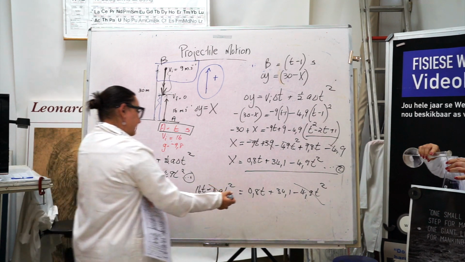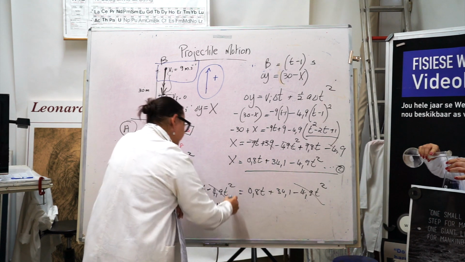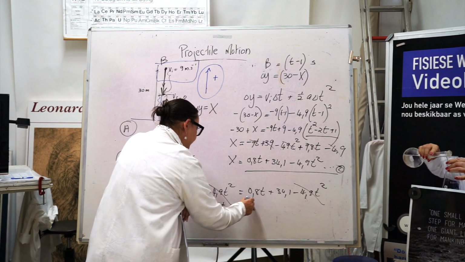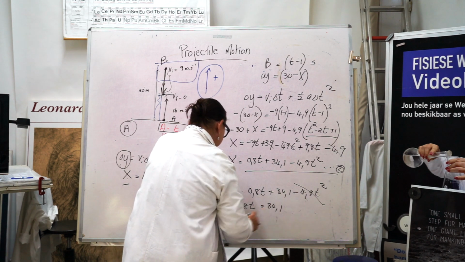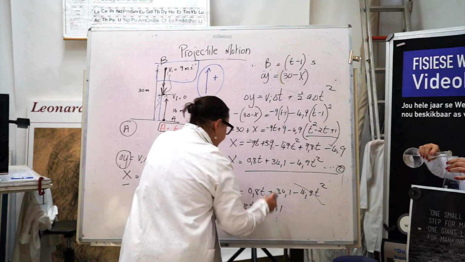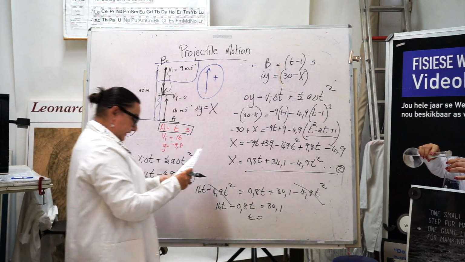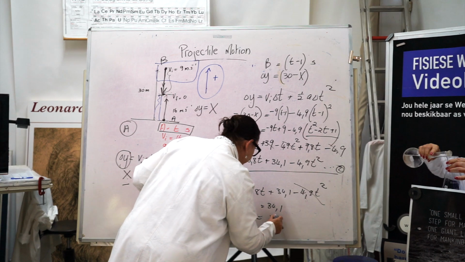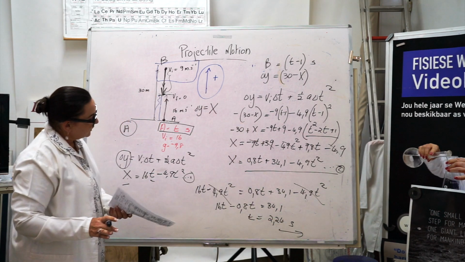So what do I have left? I have 16t, bring that over, minus 0.8t equals 34.1. And I do get t eventually as 2.24 seconds.